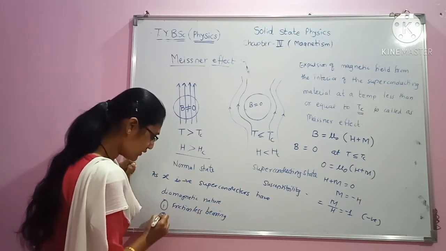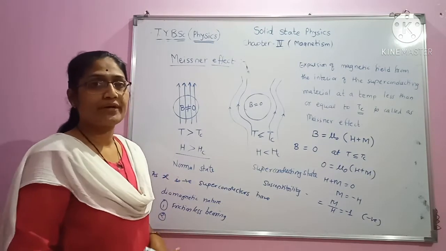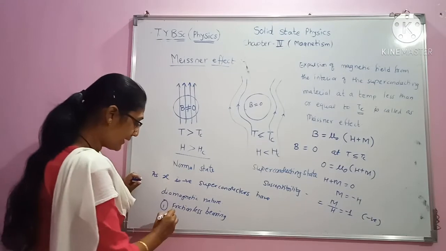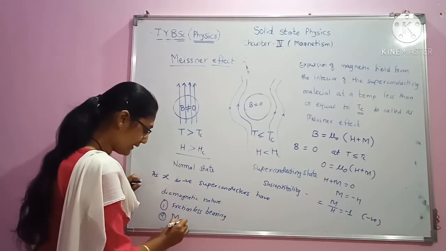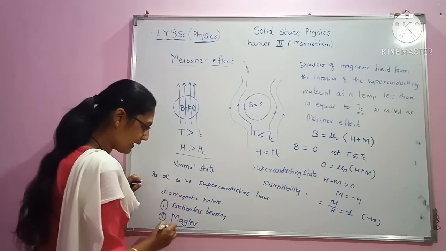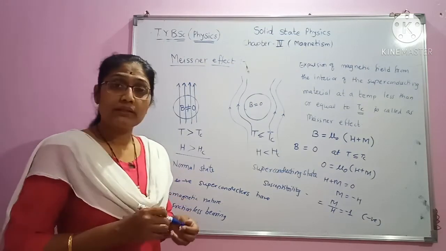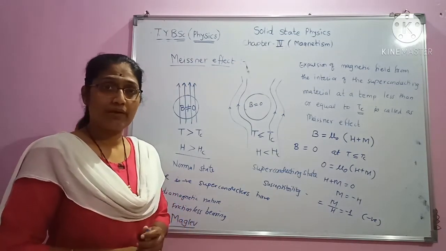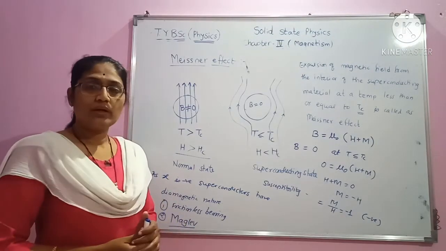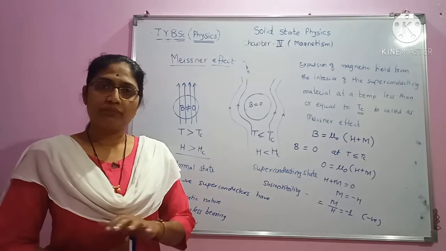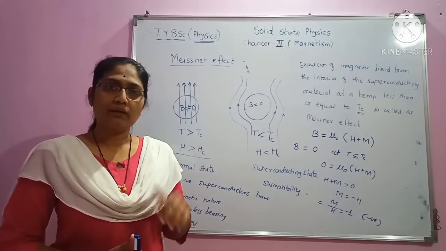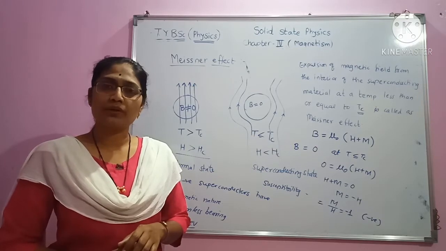Also, this property of the Meissner effect is used to generate the magnetically levitated trains called maglev. They are used to fabricate trains which have very high speed. In case of maglev, the tracks are made up of magnetic materials and their wheels are made up of superconductors.